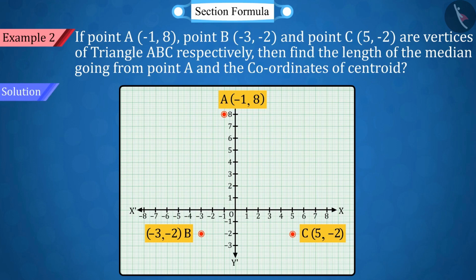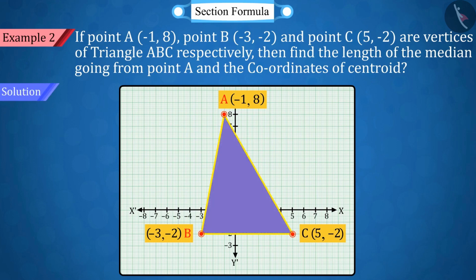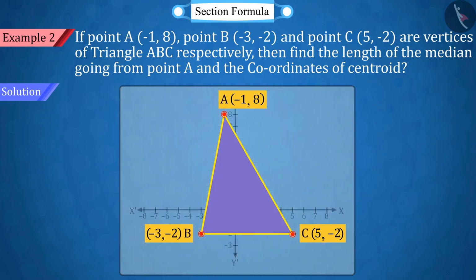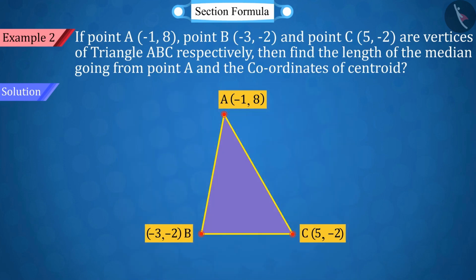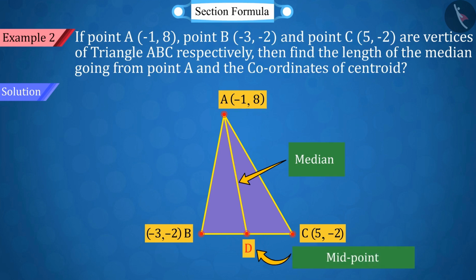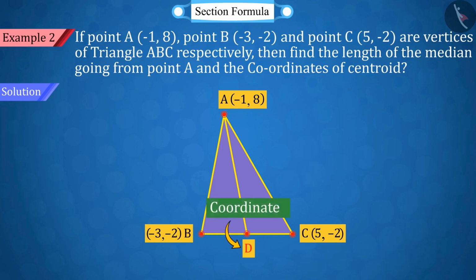Come, let's solve it. First, let's construct triangle ABC. Let's assume in triangle ABC, AD going from vertex A is a median, where point D is BC's midpoint.